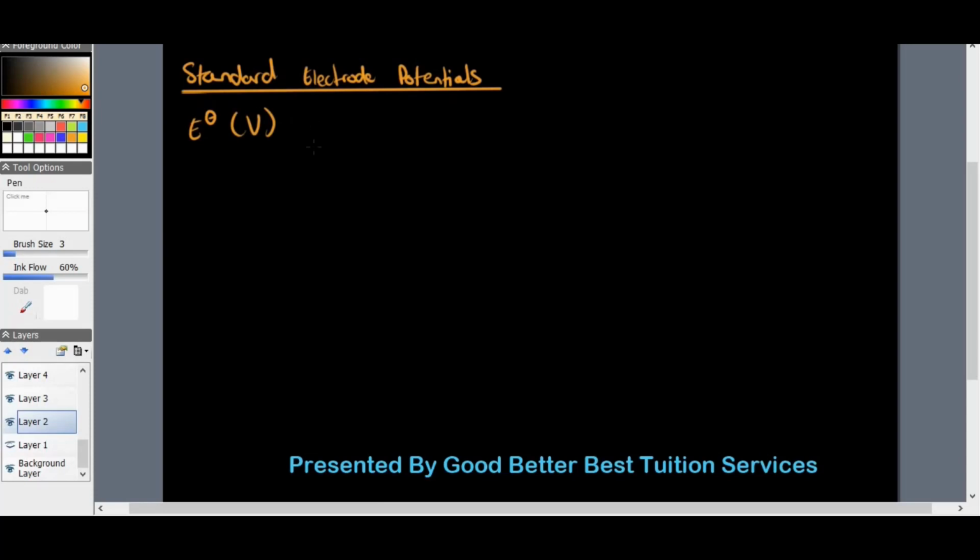If we take this example, I'm going to use silver again. If I have Ag plus plus 1 electron, that gives me Ag. I haven't written the states in, but the electrode potential that this cell has is equal to 0.80 volts.